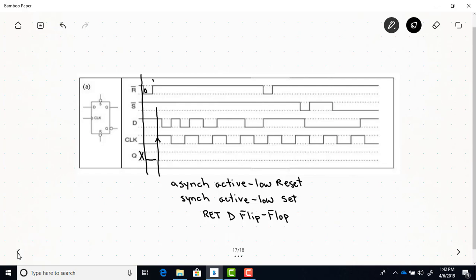Right, here's our first rising edge of the clock. So since we're no longer doing an asynchronous reset, at this time the Q output is going to equal the D input. So our Q output is 0 here.